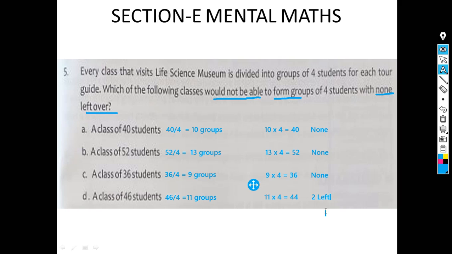We are falling short of 2 students to complete the last group, that is the 12th group. So this is our required answer, that is D, because we are unable to form complete groups from this class of 46 students, as it is falling short of 2 students to form a group.